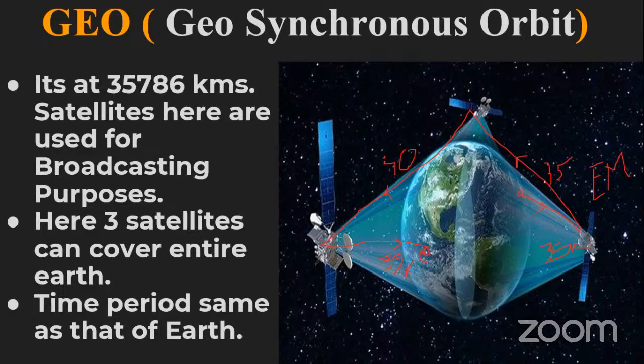This is the basic difference between geosynchronous and geostationary. Whichever countries are above or below the equator will follow geosynchronous, and the countries which are lying on the equator are going to follow geostationary.